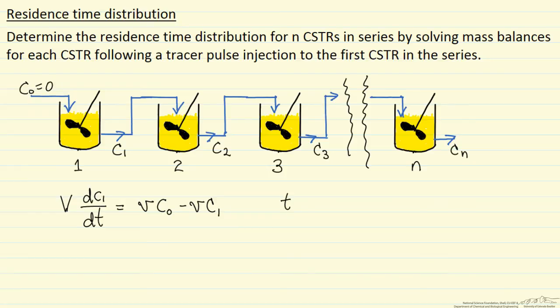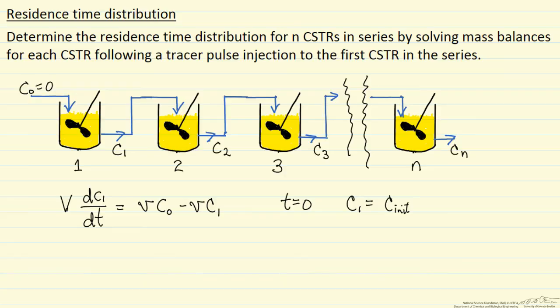And then we know at T equals 0 that we've injected a tracer. So if you like, at T equals 0.0001, we have the concentration inside the CSTR is some initial concentration, which is a function of how much tracer we inject.